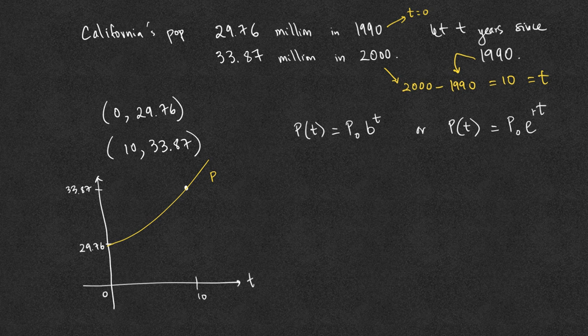Usually we will use this model. And so if we let t be the years since 1990, then the initial population is 29.76, and so we update the equation right away. P naught is 29.76, so P of t equals 29.76 e to the rt.